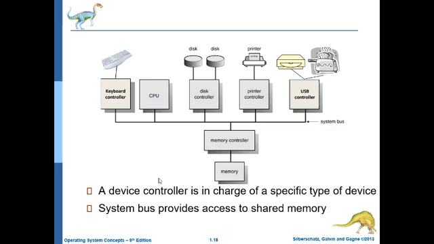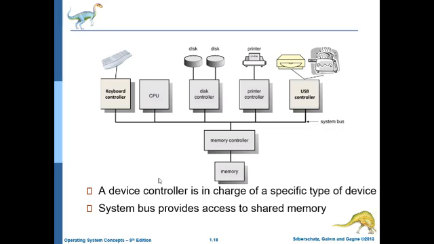Maybe let's say in the example of memory controller, the CPU may need to send some data to memory, so it will ask the controller and give it the data. The controller will then control the access to the data, how to write something in main memory.